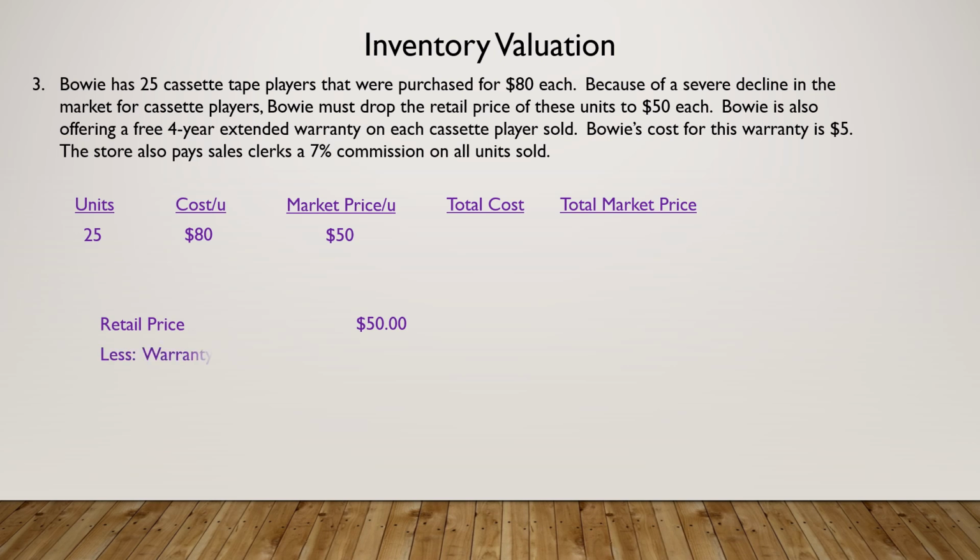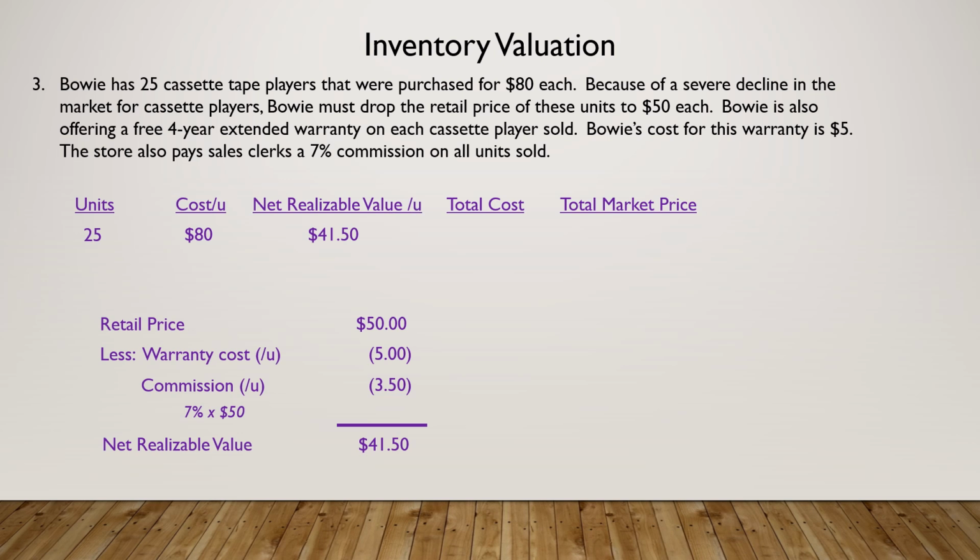Bowie has to pay $5 for a warranty and pay the salesperson a $3.50 commission, 7% times that $50 sales price. After those deductions, each cassette player has a net realizable value of $41.50. So that's the amount we use for the market price.